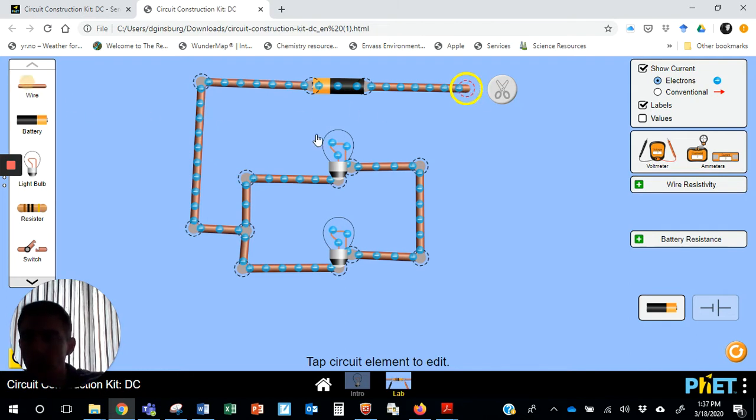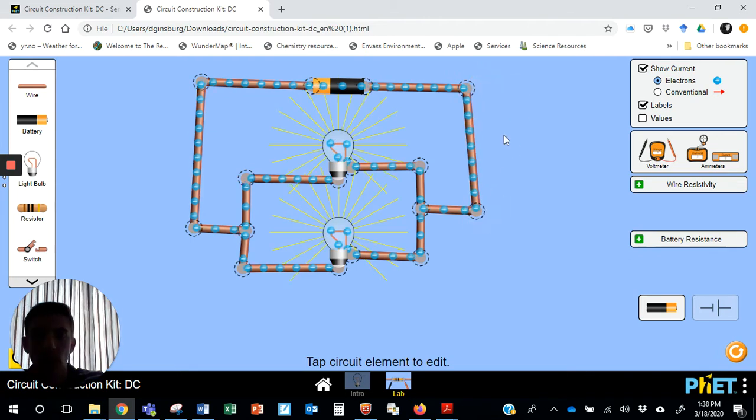Only when you've got a closed circuit will this happen. There we go, we've got a closed circuit. Notice how the light bulbs are now on.